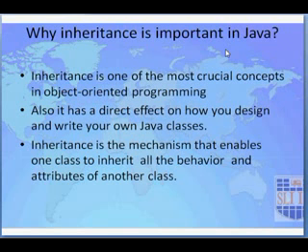Why is inheritance important in Java? Inheritance is one of the most crucial concepts in object-oriented programming. Also, it has a direct effect on how you design and write your own Java classes. Inheritance is a mechanism that enables one class to inherit all the behavior and attributes of another class.